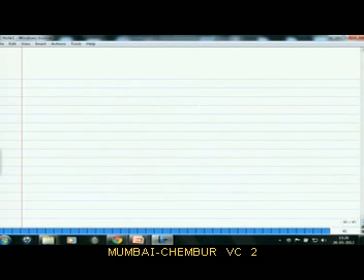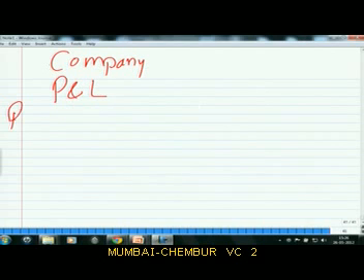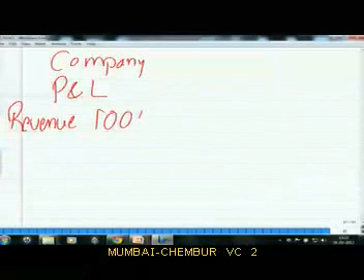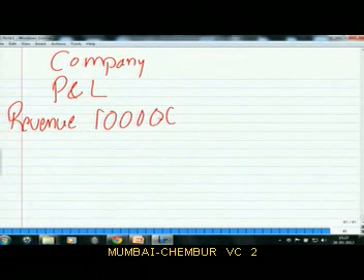Let me give you an example. There was a company whose profit and loss account showed a revenue of 10,000 crores. Reliance taught me how to think big. Before coming to Reliance, I used to talk in lakhs.